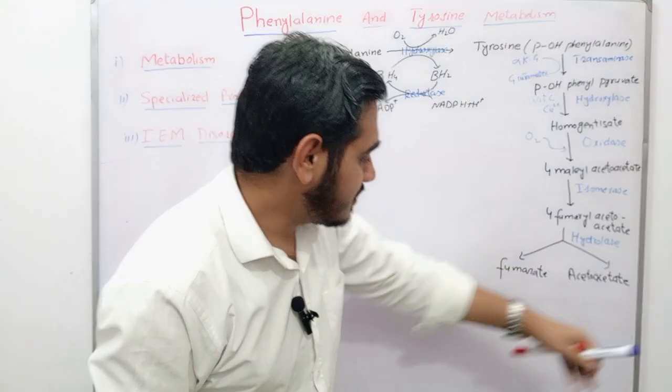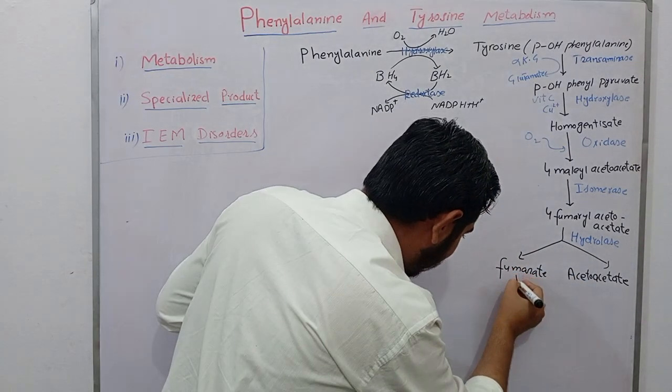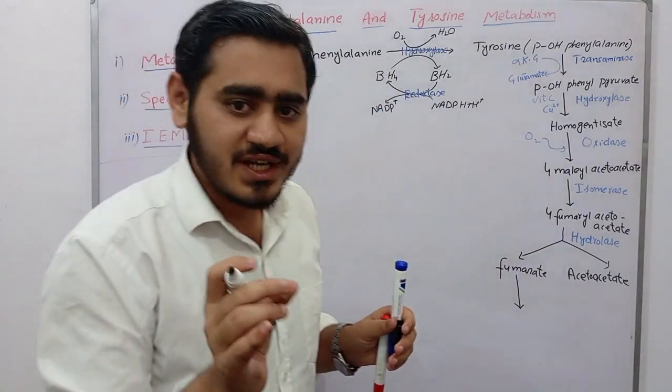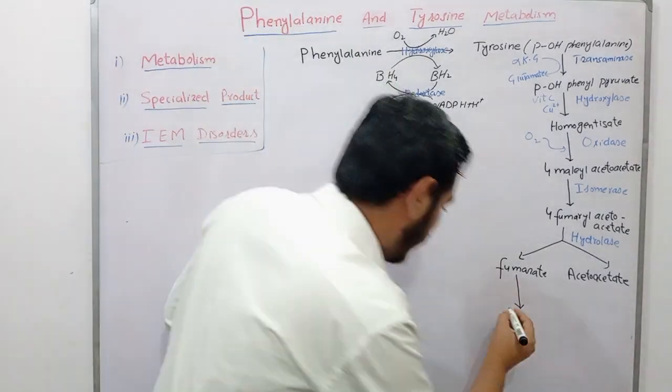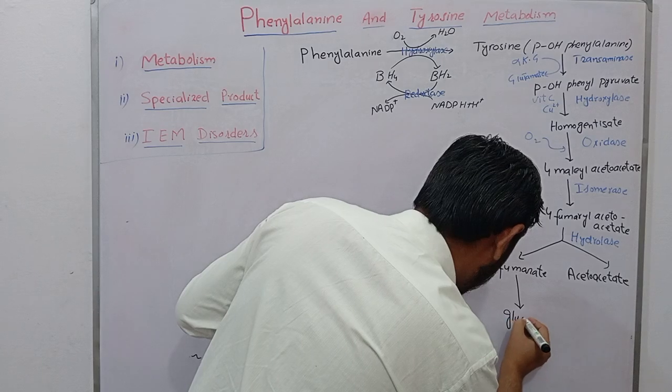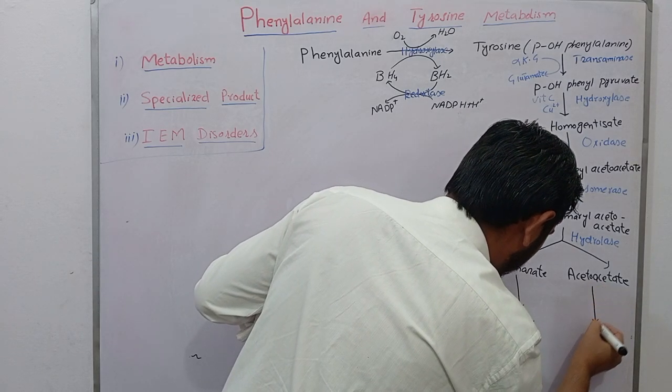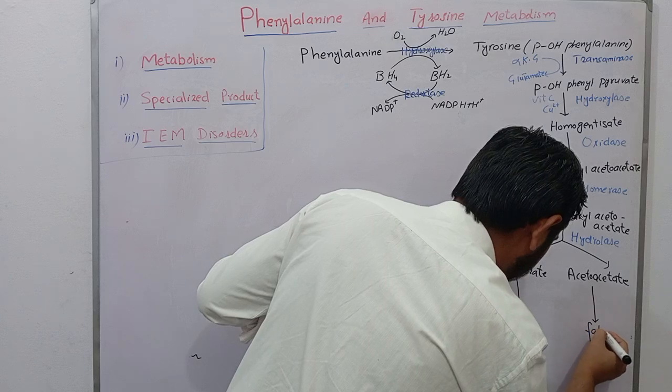This fumarate, in the next reaction with the help of the gluconeogenesis process, forms glucose, and this acetoacetate forms fat.